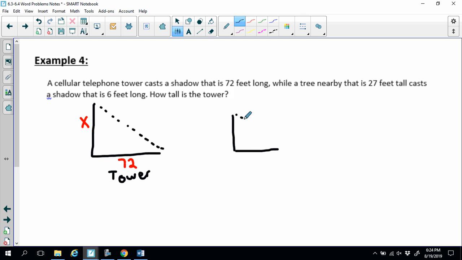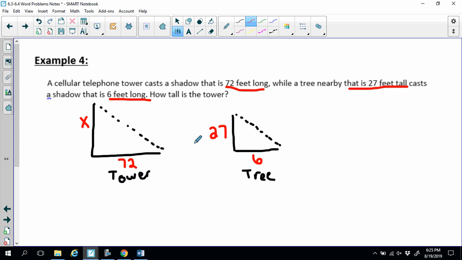To connect these two lines, we're just going to do this little dot, and this is our tree. So notice that both of them are triangles. So the height of the tree is 27 feet, and the shadow is 6.